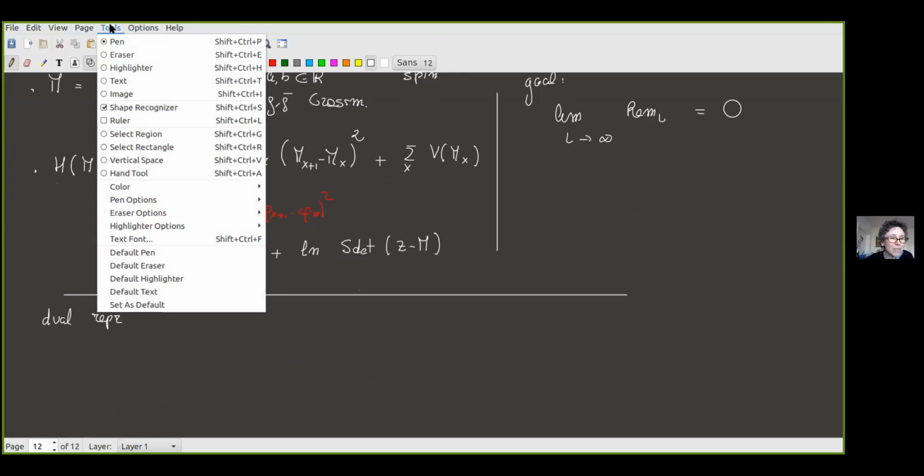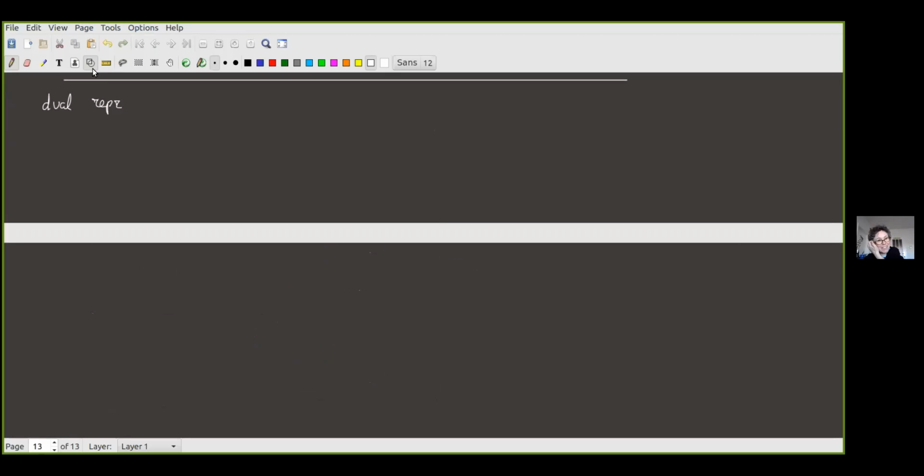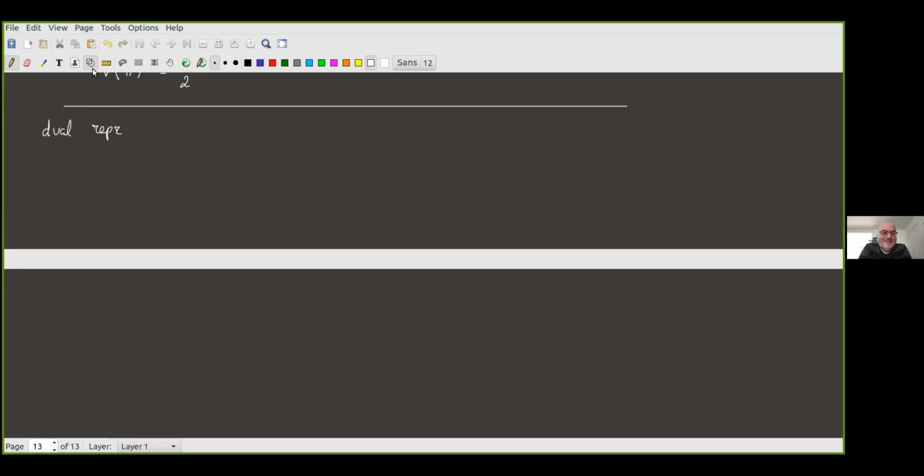So just to get at least to the formula, because I'm realizing that it's already 4 as usual. I'll just give what is the dual representation. So the dual representation, taking away the constant, we can write again exactly as before, L plus x0, f L, observable, L minus x0, f.